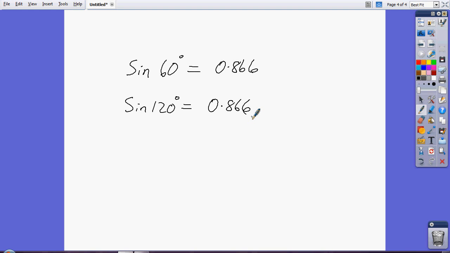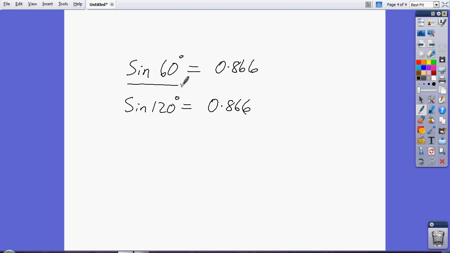We haven't had to worry about this up until now because working with right angled triangles, the angles have always been less than 90 degrees. But using the sine rule, there might be situations where the angle is greater than 90 degrees. In which case, we will be given the solution 60 degrees, which is less than 90, even though it's obvious that the angle is greater than 90 degrees.